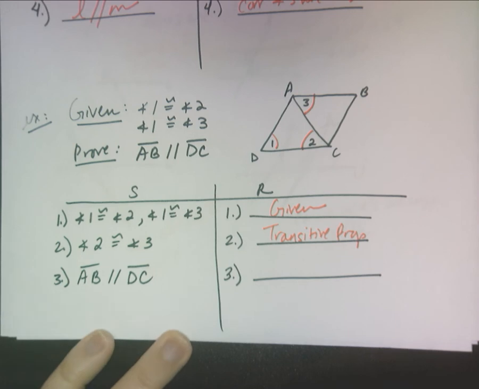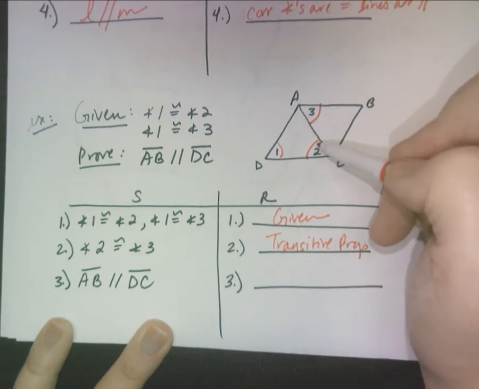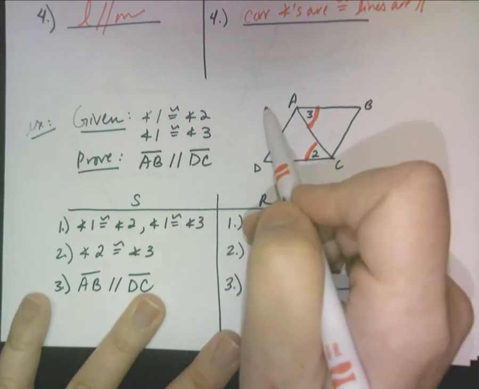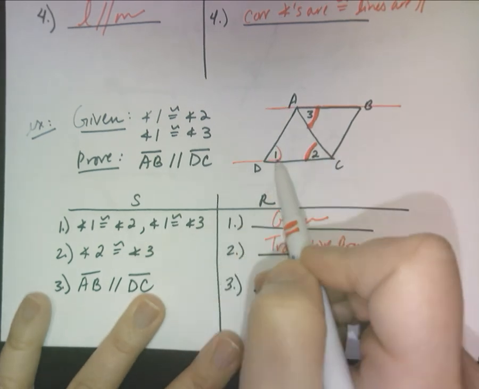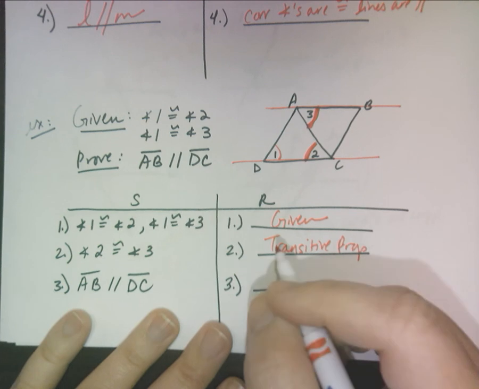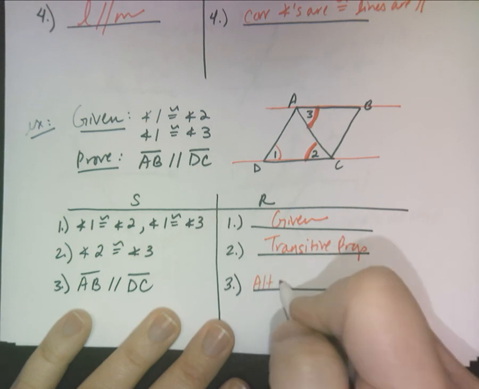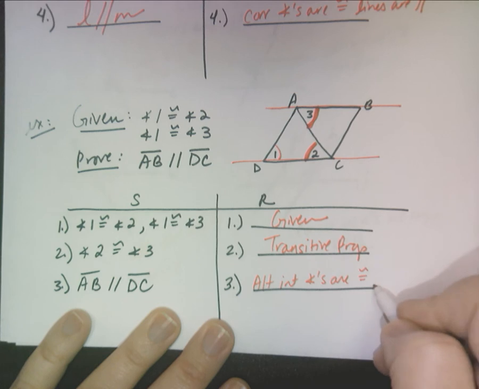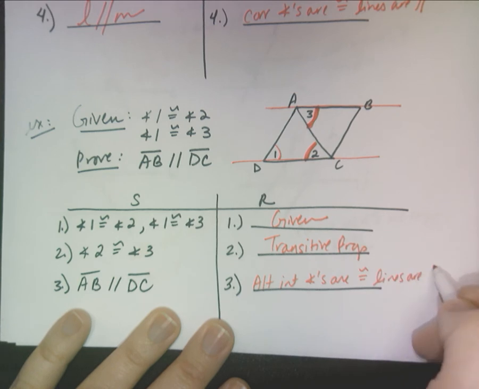Okay, now, if 2 and 3 are congruent, why am I allowed to say that this line and this line are parallel? What kind of angles are those? Looks like they're alternate interior. So alternate interior angles are congruent, lines are parallel.